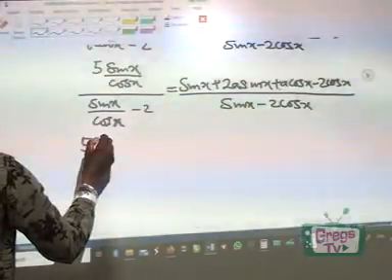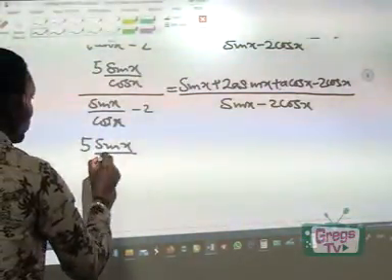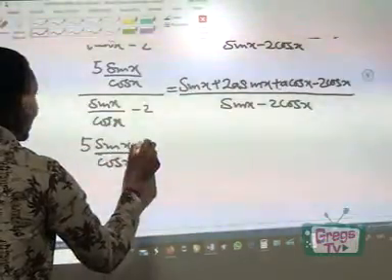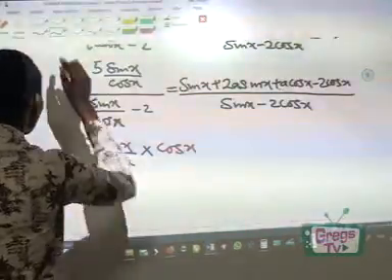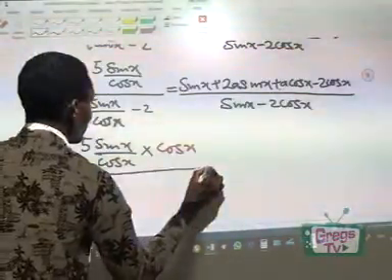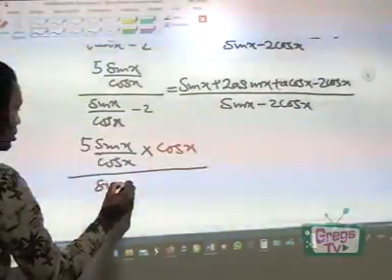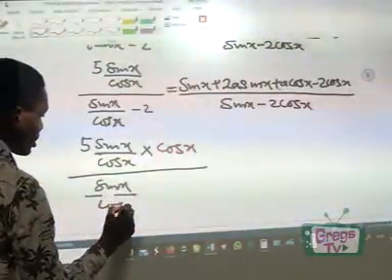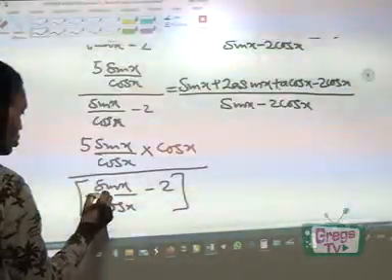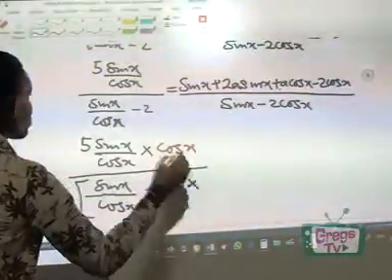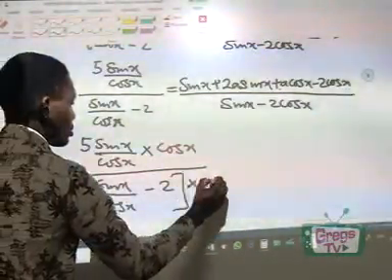You have 5 sin x over what? Cos x times, let me change this cos to red so that you can see it clearly. Then I'm dividing sin x over cos x minus 2, then multiply by cos x.